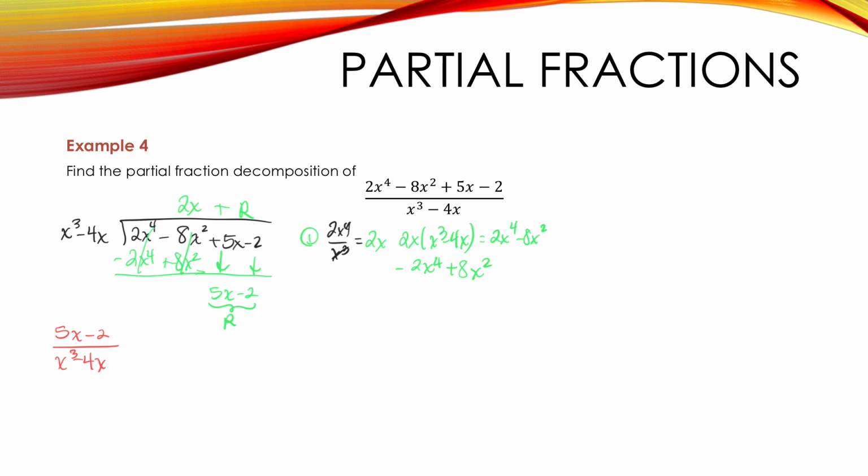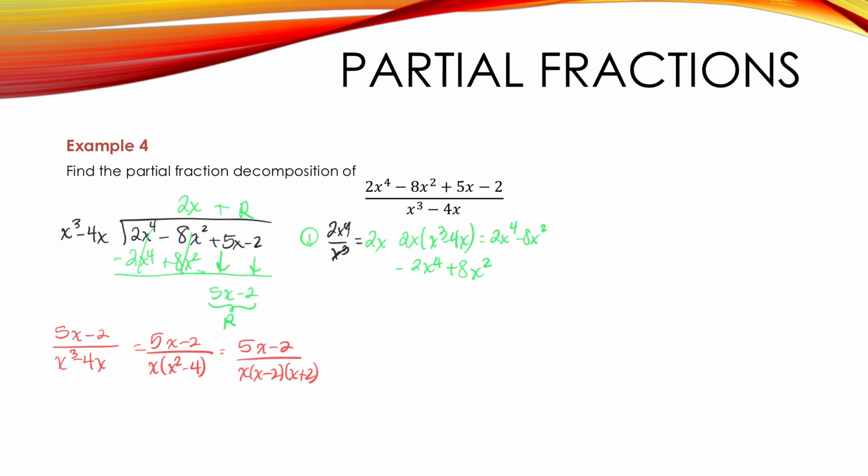So let's rewrite this first as 5x minus 2 over x times x squared minus 4. Well, this is where things get even more challenging because x squared minus 4 is an x minus 2 and an x plus 2. Now when we decompose, we're not going to have just two fractions, we're going to have three.